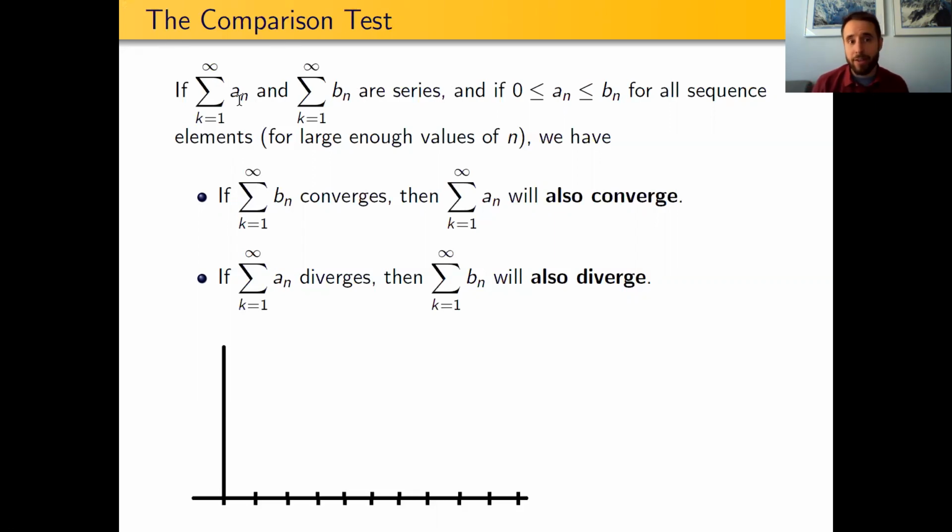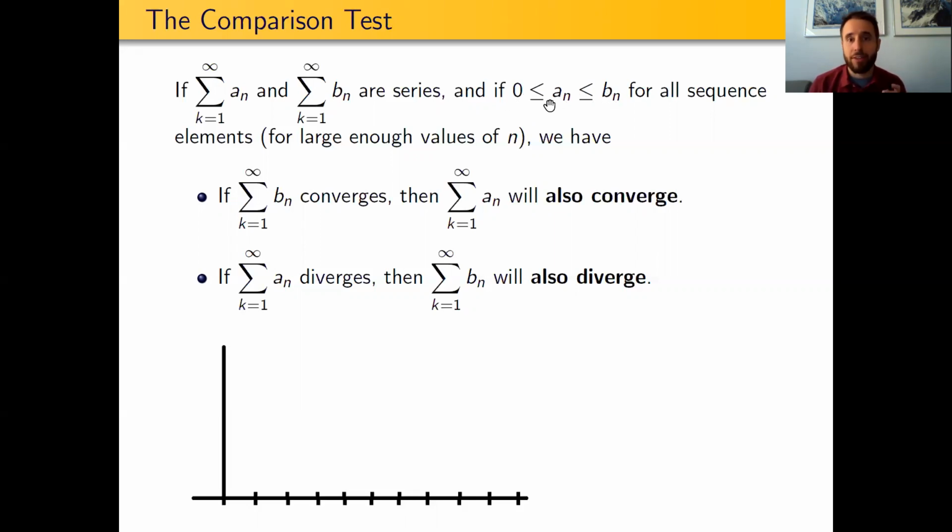So in the comparison test, our setup is as follows. We have our two series, the series a sub n and the series b sub n, which all have positive terms. And furthermore, we know that a sub n is less than or equal to b sub n.